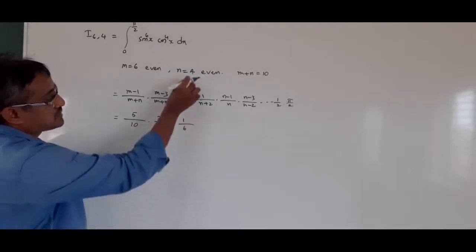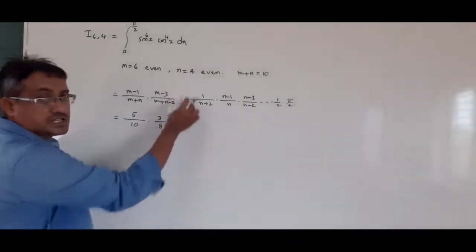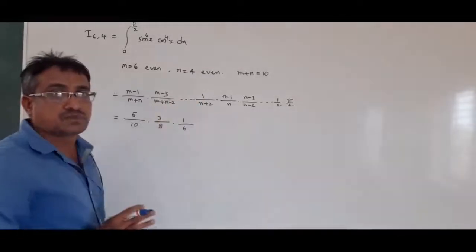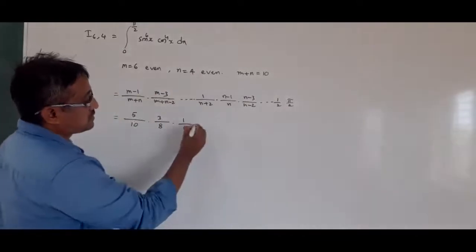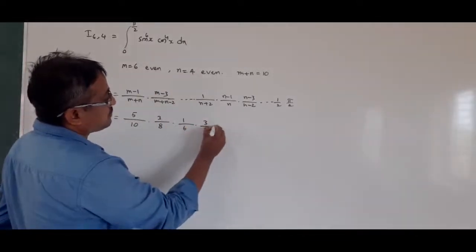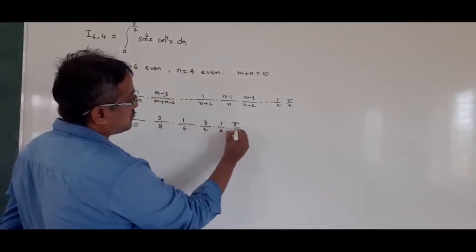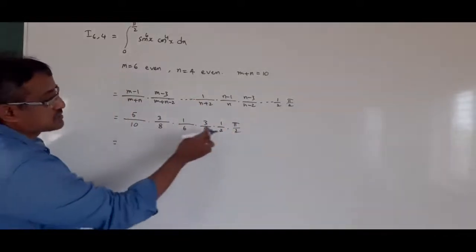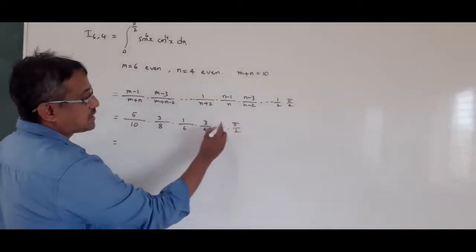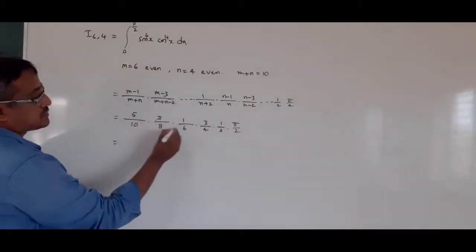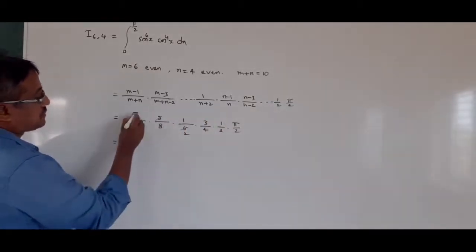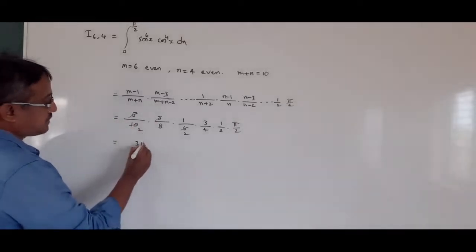Now you have n plus 2 here. Now stop the reduction there and continue the reduction formula for n. That is 3 by 4 into 1 by 2 into pi by 2. You need to stop at 1 by 2 and again write pi by 2. So 3 2s are cancelled, 5 2s are cancelled.